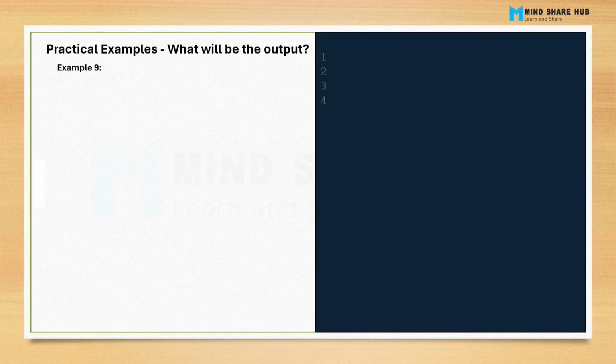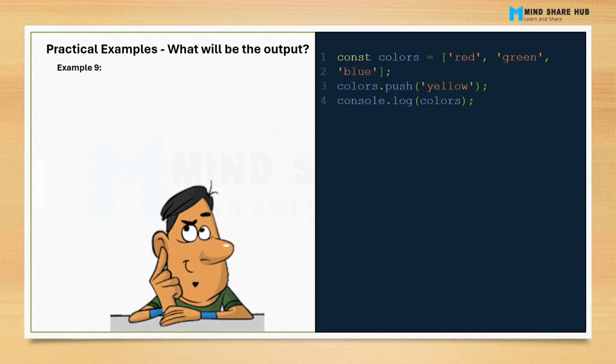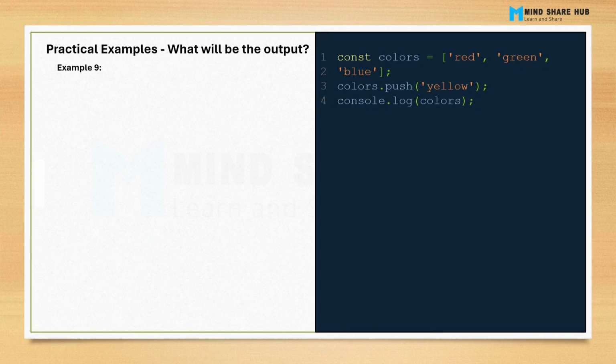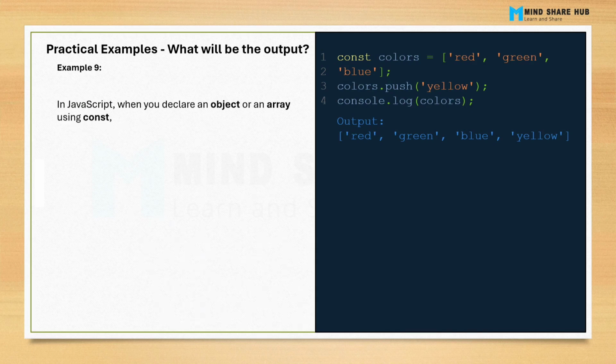Example 9. When you declare an object or an array using const, you cannot reassign the variable itself to a different object or array.